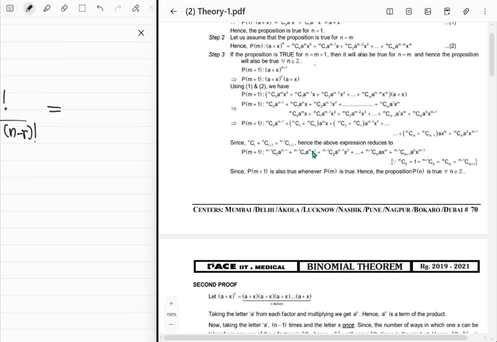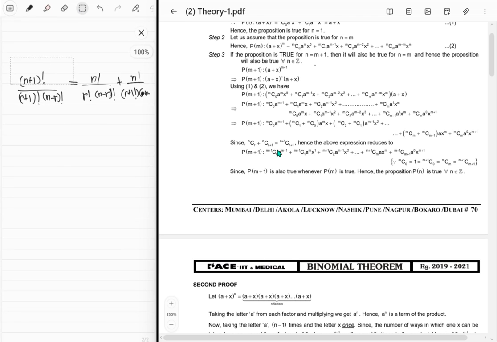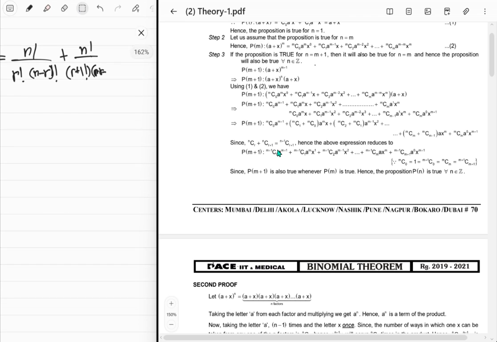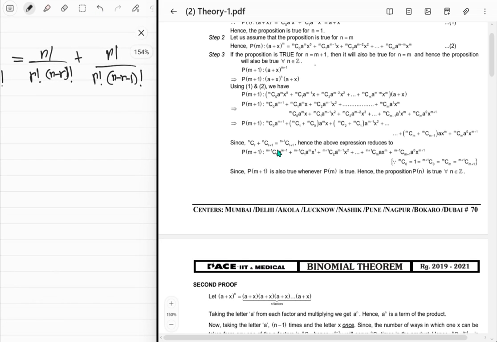Is this equal to nCr, which is n factorial upon r factorial times n minus r factorial, plus nC r plus 1, which is n factorial upon r plus 1 factorial times n minus of r plus 1, so n minus r minus 1 factorial? I'm just running out of space.